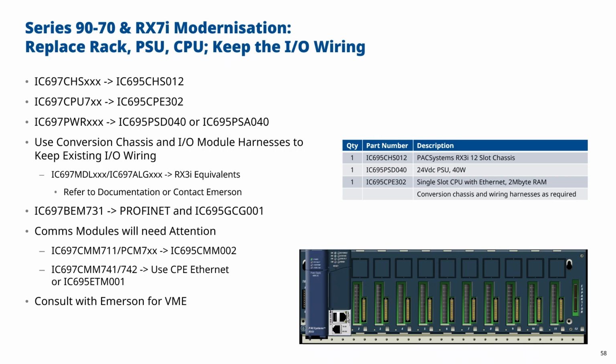So if you come across a system with VME, if it's an I/O module, then you're probably looking at a new RX3i equivalent, but that might mean I/O rewiring because the VME modules had some strange arrangements for wiring. If it's motion, then we're into PACMotion and using PACMotion servo and drives and motors.